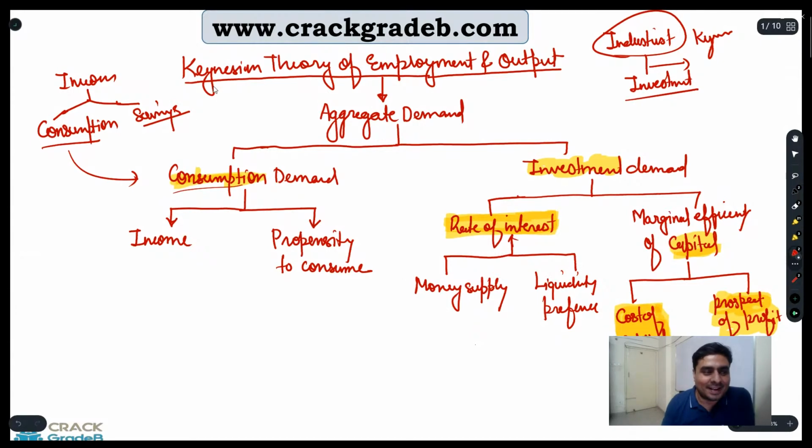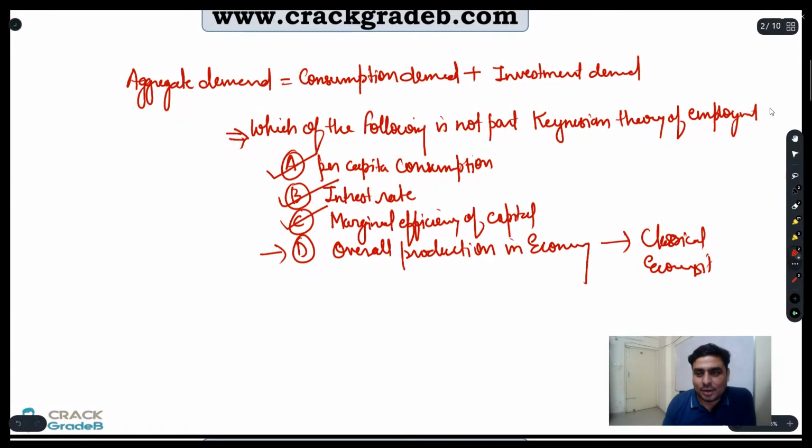People do apply their clever mind and they will say, Keynesian theory of employment and output. Or just to confuse them, we can also mention the Keynesian theory of employment and output.